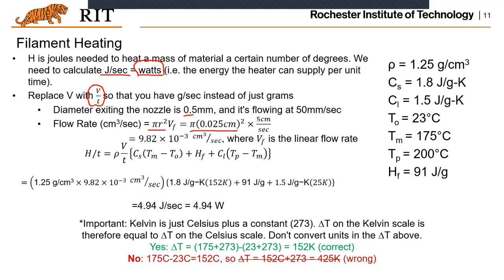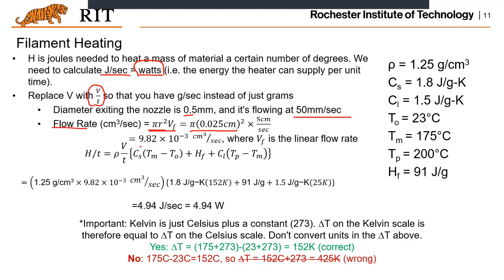And what is the linear speed this flows? Actually, this is given, 50 millimeter per second. And easily you can compute this volumetric flow rate by substituting this to this equation.